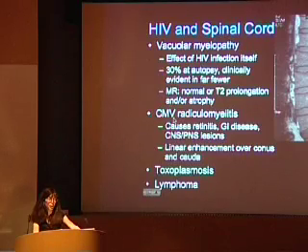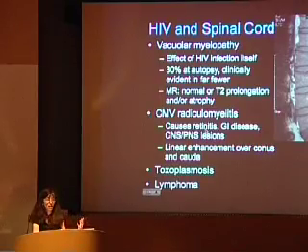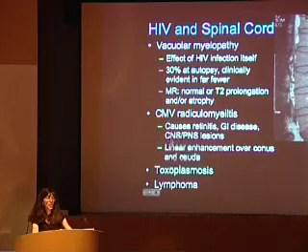What we used to see pretty frequently, especially at places like San Francisco General, was so-called CMV radiculomyelitis. These are patients who often have CMV involving the retina and their gastrointestinal tract. They may have other lesions of the central nervous system or peripheral nervous system. And when we see this, what we typically see is linear enhancement over the conus and the cauda.